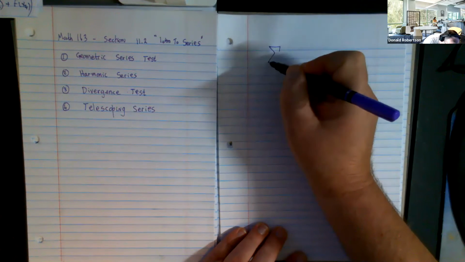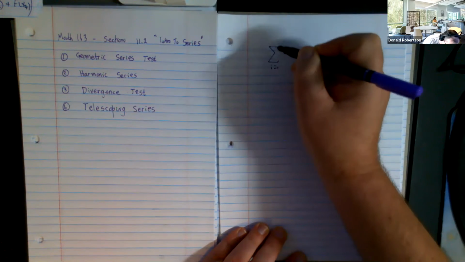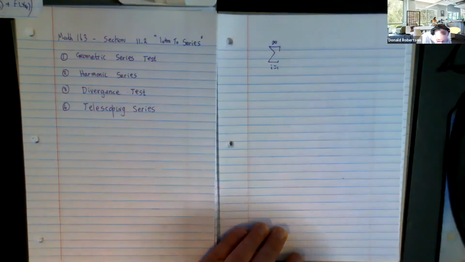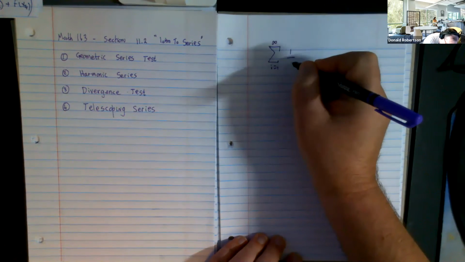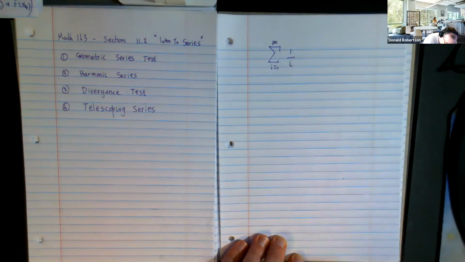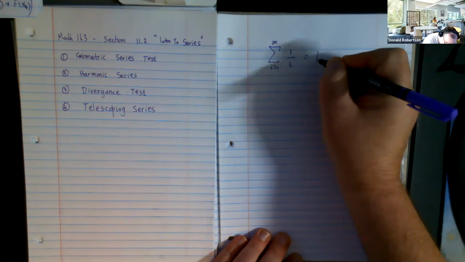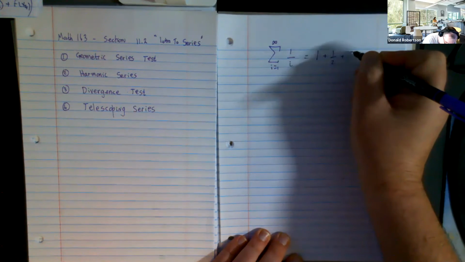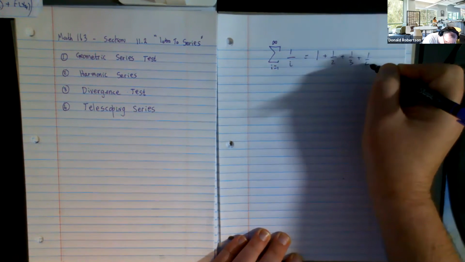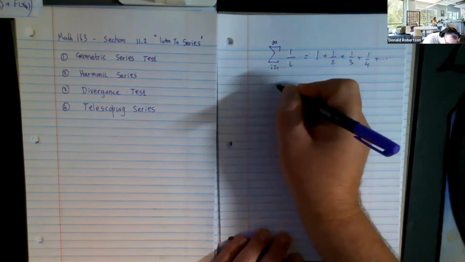I'm going to change the letter of the alphabet, and I'm going to use I because I want it. That is the harmonic series. It's 1 plus a half plus a third plus a quarter for eternity.